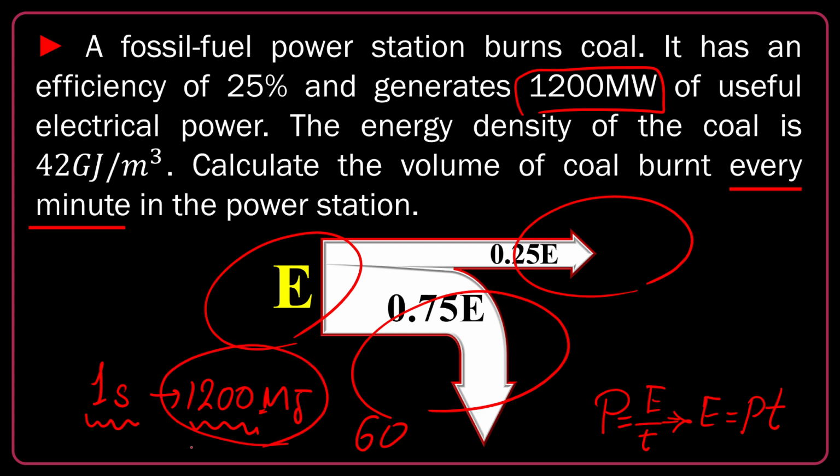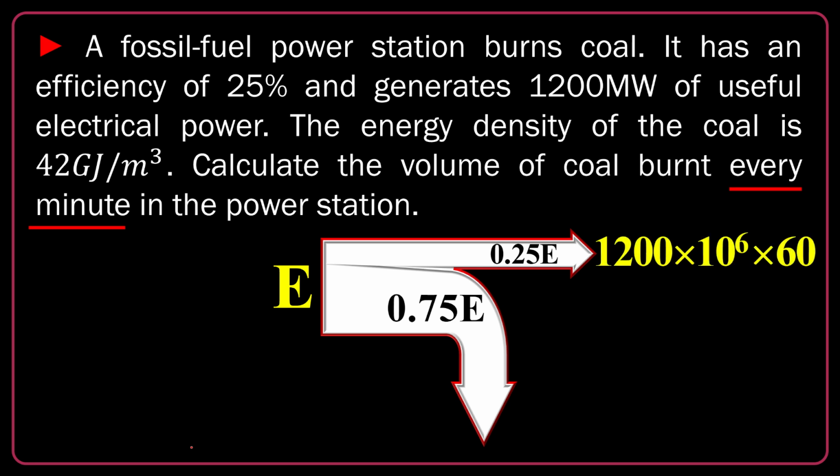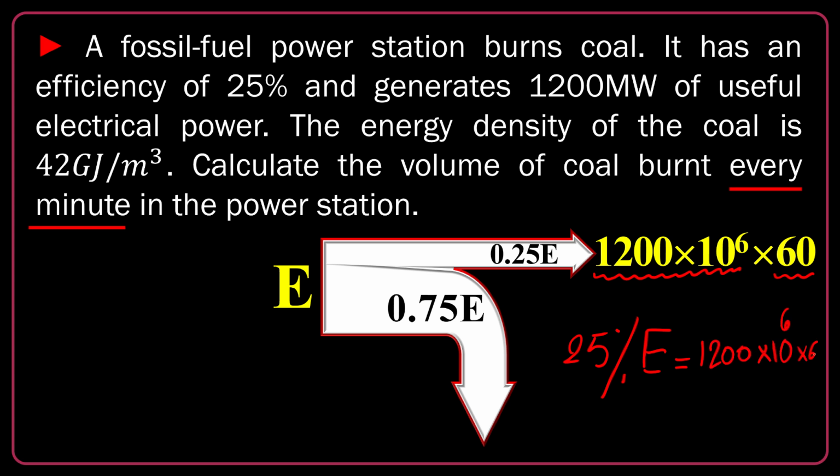Based on that, the total useful energy out is the amount of energy produced in 1 second times 60 seconds. It's the total useful output energy in 1 minute. Okay, here I see it's just 25% of the total energy input to be 1200 10 to 6 times 60.